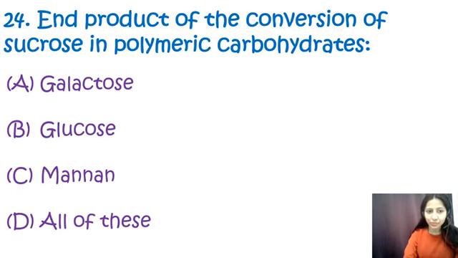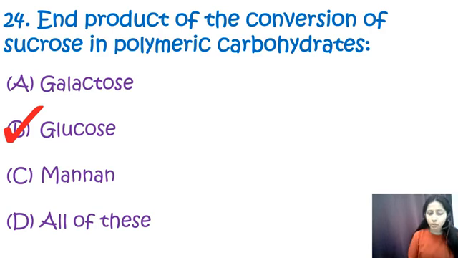Question number 24. The end product of the conversion of sucrose into polymeric carbohydrate is, options are galactose, glucose, mannose, and all of these. So my correct option is B, that is glucose. We know sucrose is a disaccharide made up of glucose and fructose.